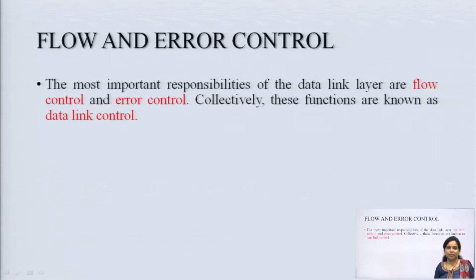Now, after studying bit stuffing, unstuffing, the bit oriented protocol and the character oriented protocol, we are going to see flow and error control. The most important responsibilities of any data link layer are flow control and error control. What is flow control?